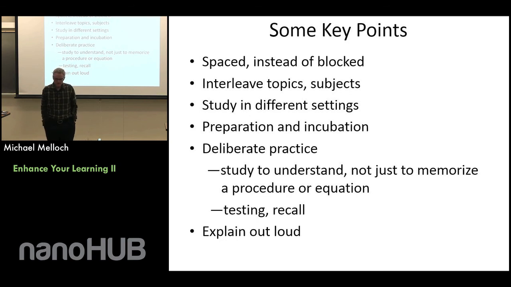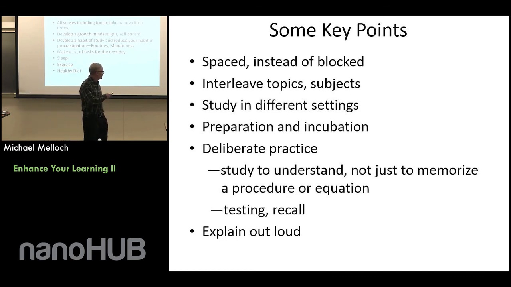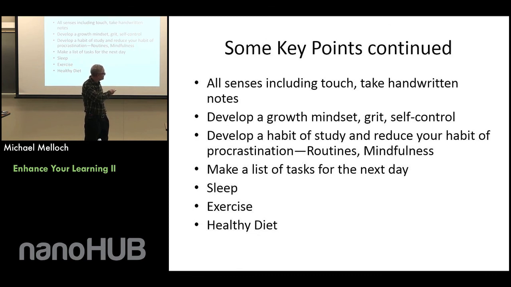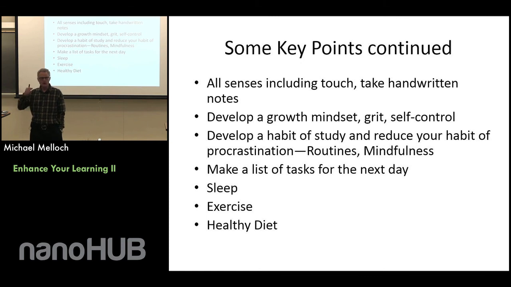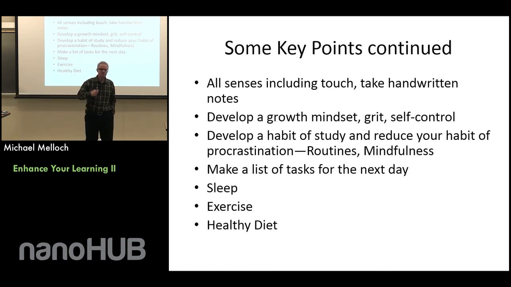Okay, so let's kind of summarize everything. We've already did this summary, this recall at the beginning of class, and my throat's starting to go, so I think I'll just skip to the things we talked about today. We talked about developing a growth mindset, grit, and self-control. So you know that you can get better at anything you want to get better at.